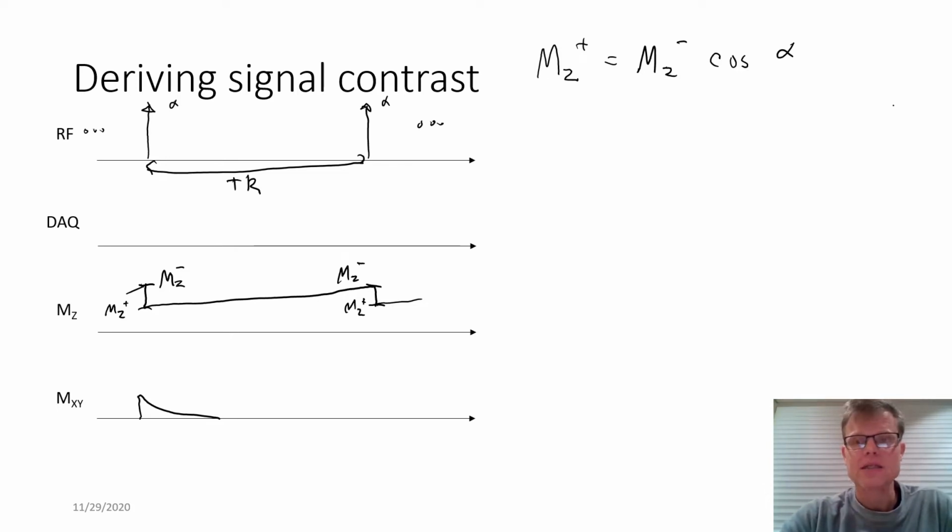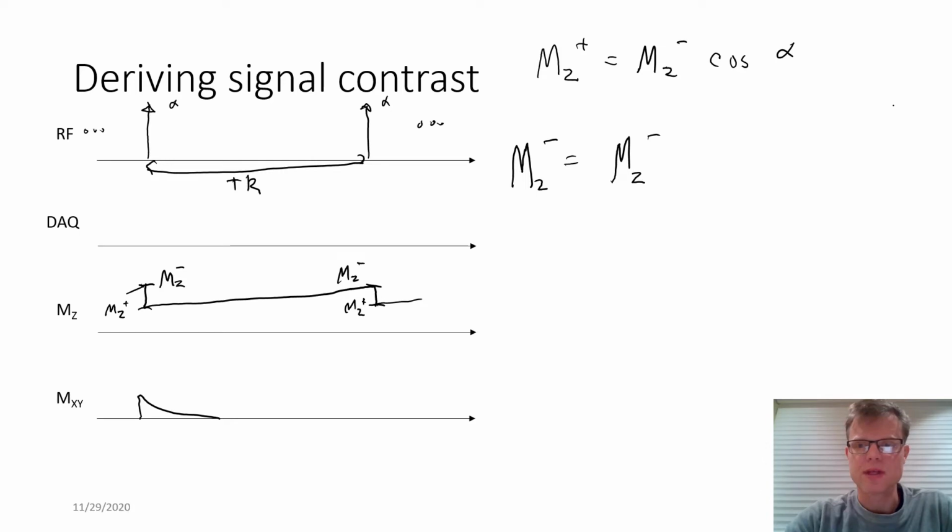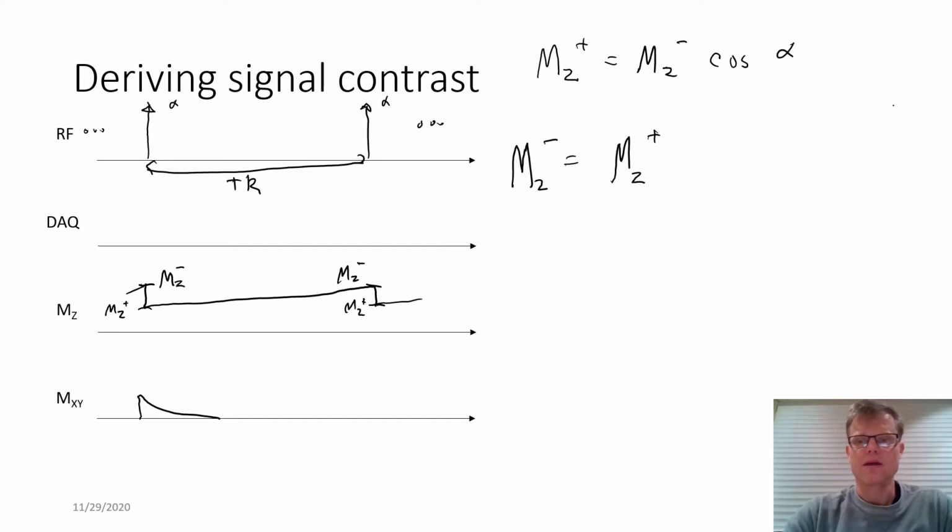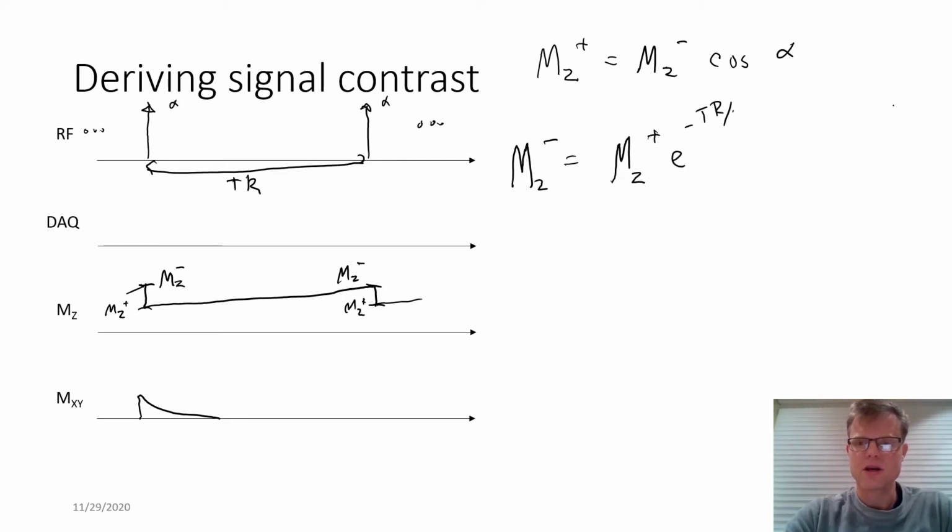And then the other thing we need is our T1 relationship. This says that MZ at the end of the T1 recovery interval is going to be equal to whatever MZ was at the beginning of the interval, times e to the minus TR over T1, plus M naught times 1 minus e to the minus TR over T1.